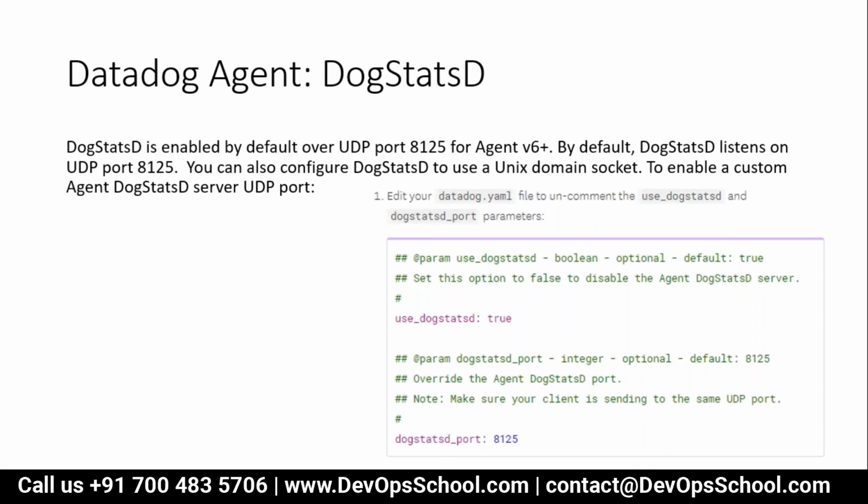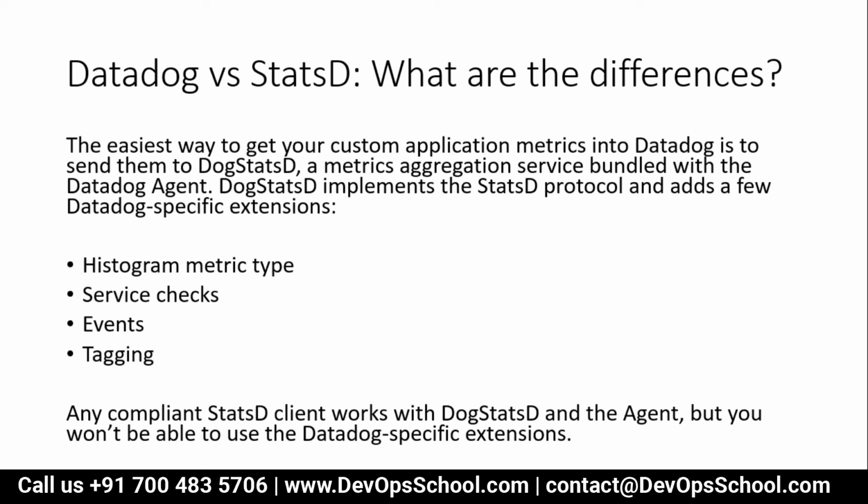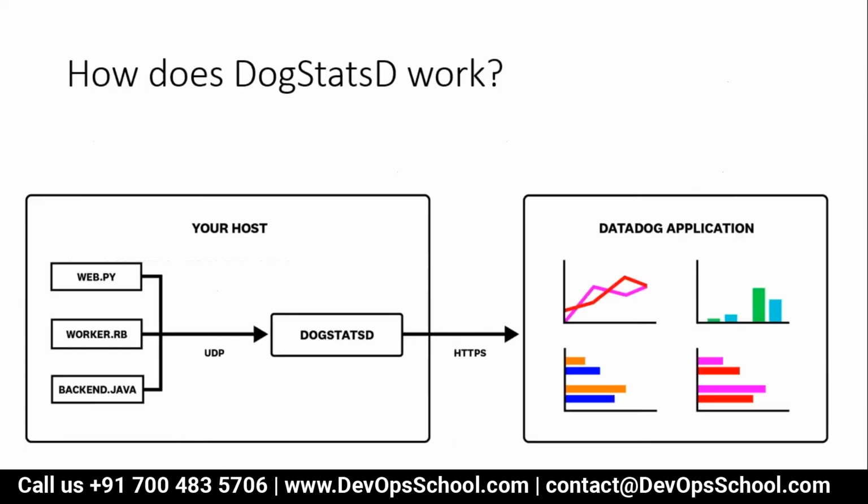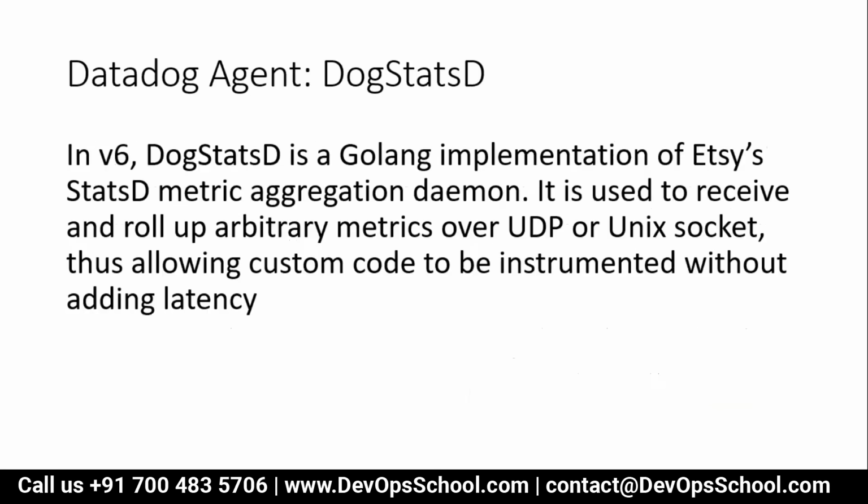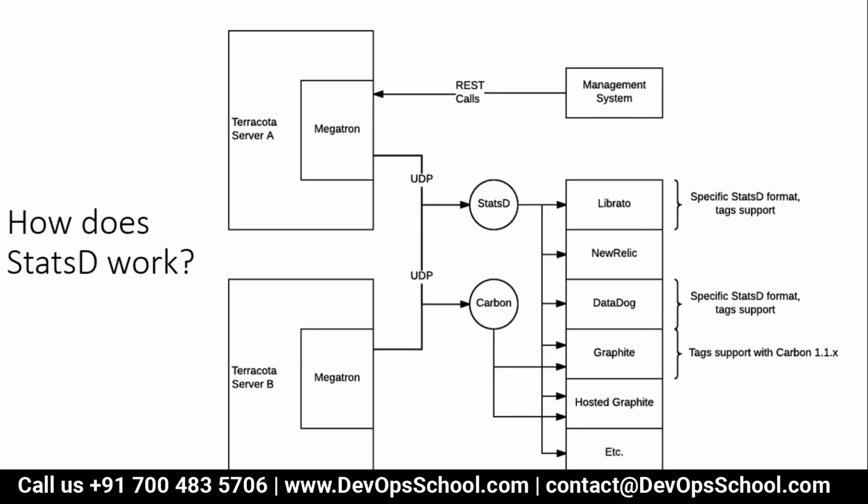Okay, but DogStatsD is doing a little bit more work than StatsD. It will add one more metric type. Remember, StatsD has 4 metric types, which I talked about here.